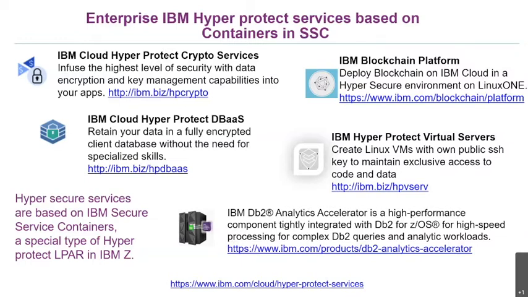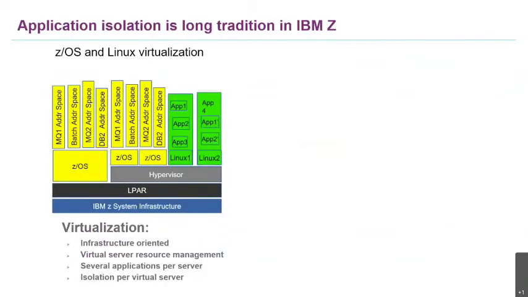Now, when we're looking at the environments that we have today based on z/OS and Linux, on the left side you see z/OS running native in an LPAR, or z/OS can also run under z/VM, so in a hypervisor. And then you can have Linux side by side, and the applications today are processes. Normal Linux applications run as processes side by side, but they do not have that high isolation as they would have in a container.